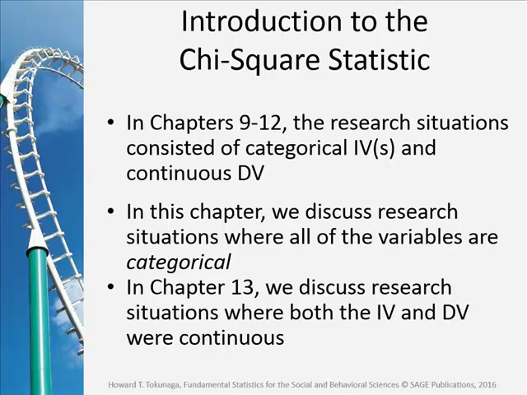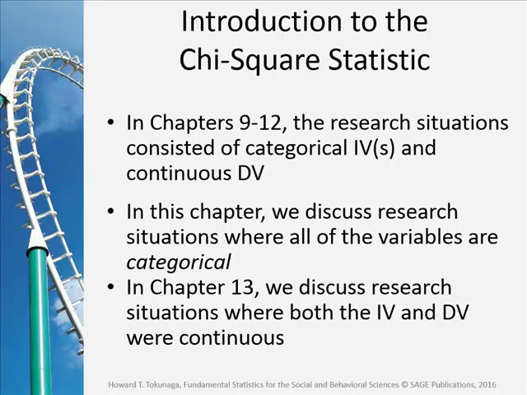So what we've done so far in 9 and 10 is look at situations where you have a categorical independent variable like gender, and a continuous dependent variable like words read per minute or income or shoe size or number of chips in a bag of chocolate chip cookies. Those were continuous dependent variables, and that's why we were using things like sample means.